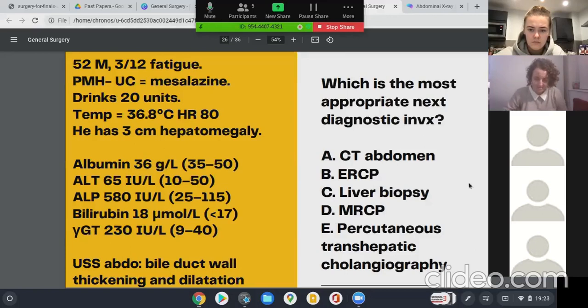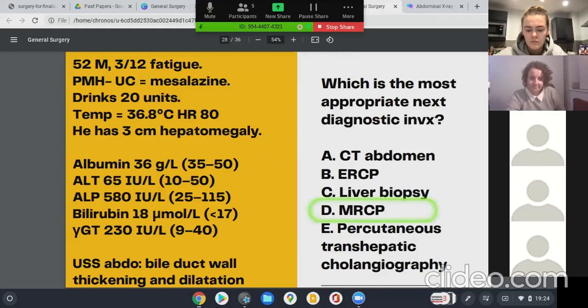This is one of those two-part questions where annoyingly they don't want the diagnosis of primary sclerosing cholangitis, which you might know is associated with UC, and the LFTs point towards this diagnosis, but annoyingly it wants the diagnostic investigation. So you need to be aware with questions such as this.